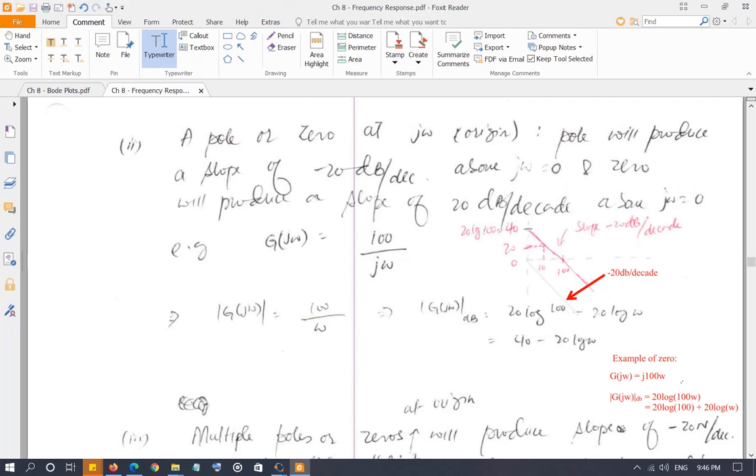You will have a line of 40 decibel, which is corresponding to 20 log 100, and then you have a line which is going like this.